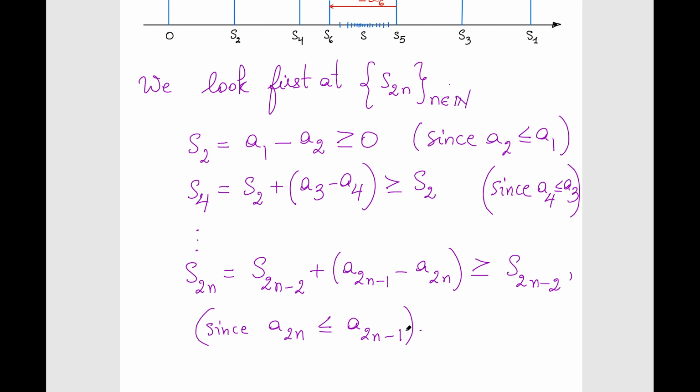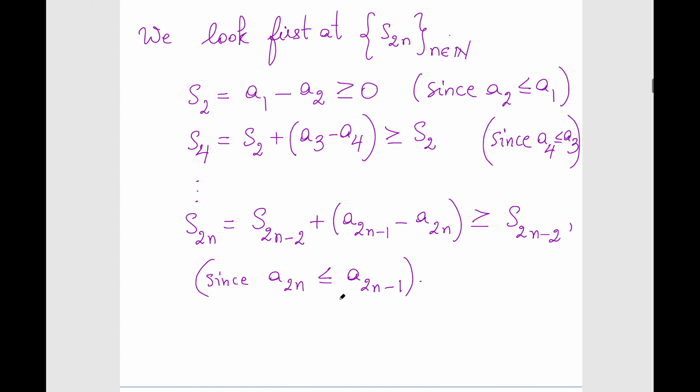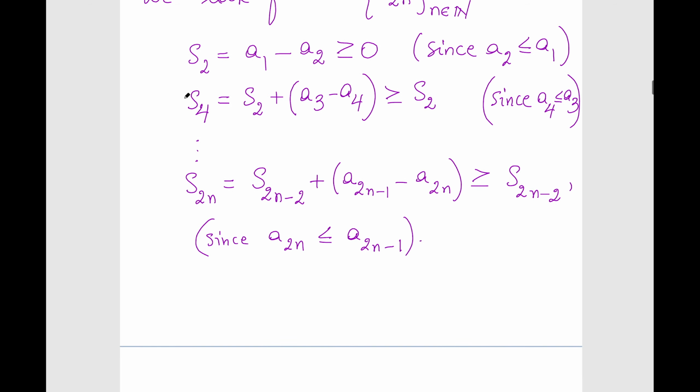Okay. All right. So what can we say then? We've realized that S2 is greater than or equal to 0. And S4 is at least S2. And S6 is at least S4, and so on.